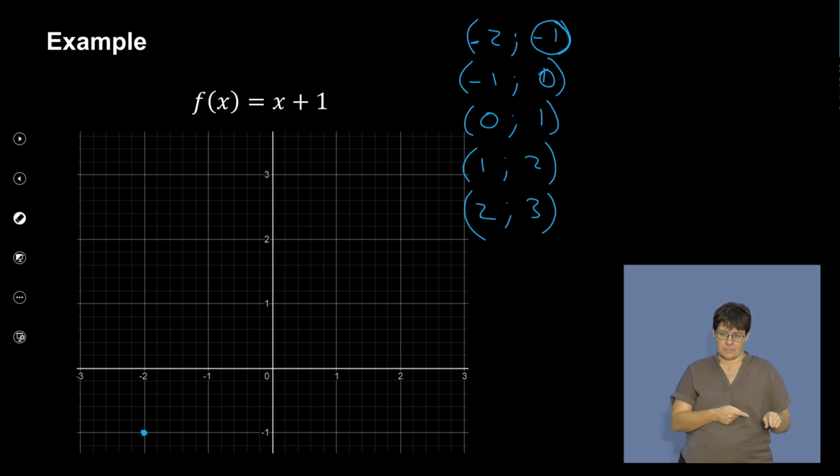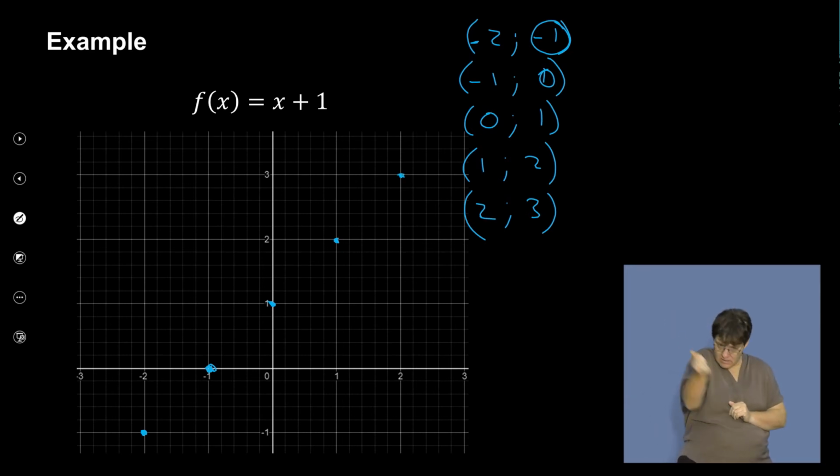Let me erase this so that it does not confuse you. And then -1 goes with 0, so it means it is exactly on the x-axis. The 0 goes with 1, so from 0 you move 1 unit up, so it will be there. And then the 1 goes with a 2, it will be at that point. The 2 goes with a 3, it will be at that point.